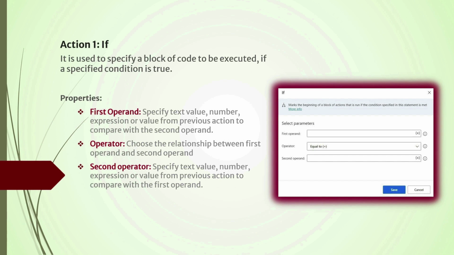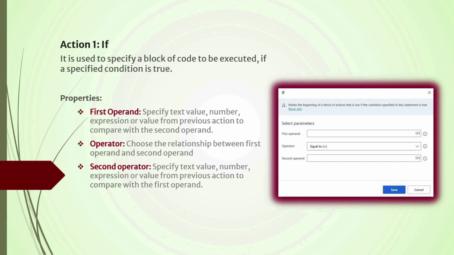Second is the operator, which allows us to choose the relationship between the first operand and the second operand. The third property, the second operand, allows us to specify a text value, a number, an expression, or a value from a previous action to compare with the first operand.